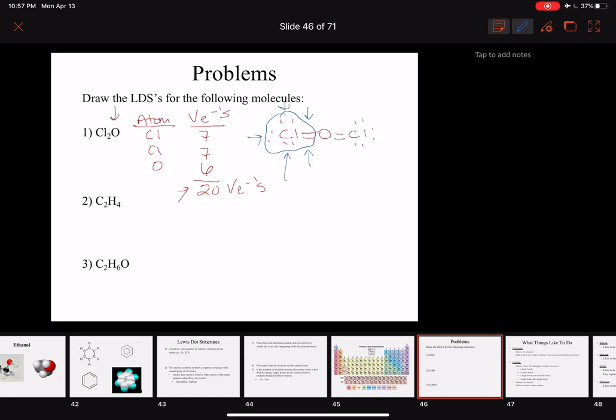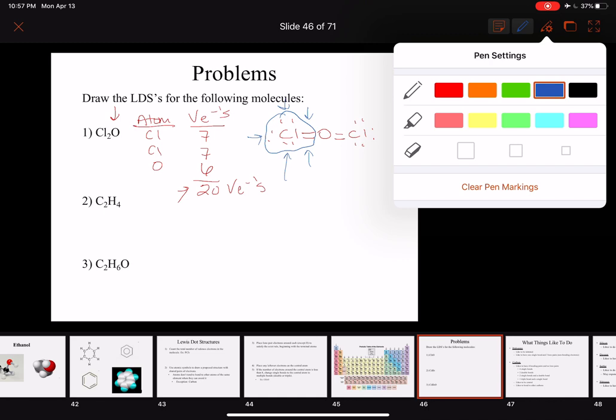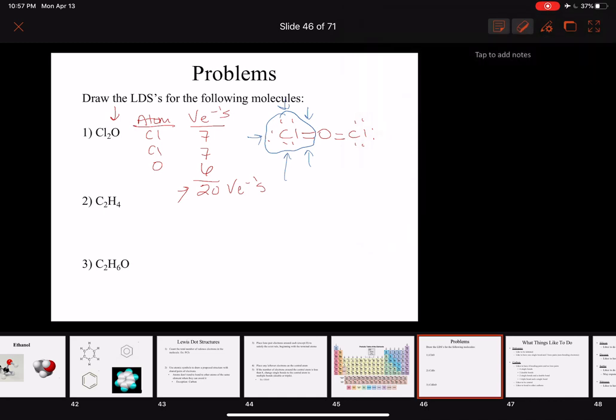So let's go back and take those bonds away from between oxygen and chlorine and go back to this structure right here and see if we can fix this.